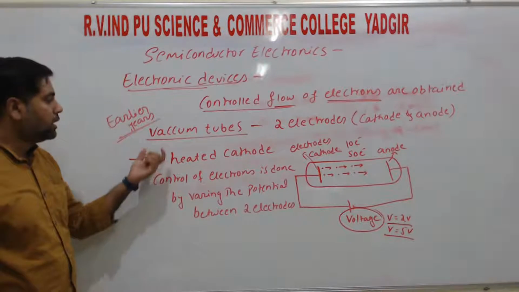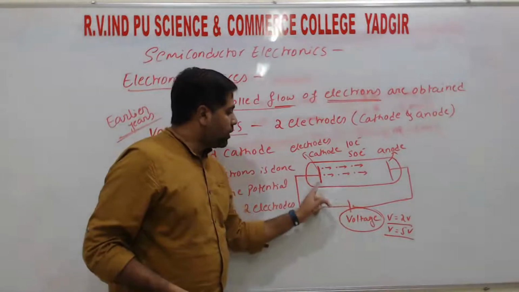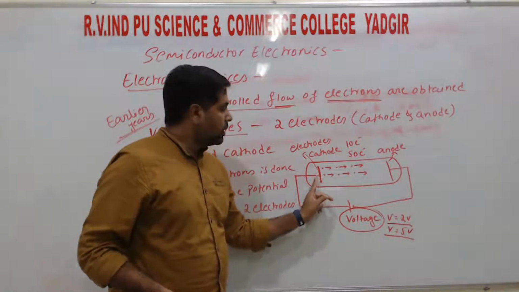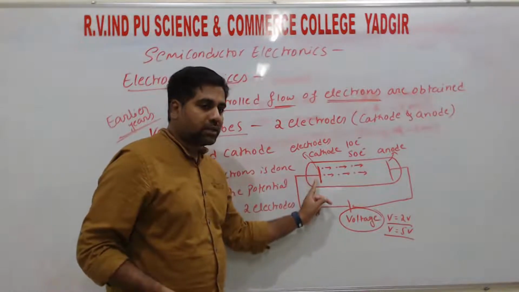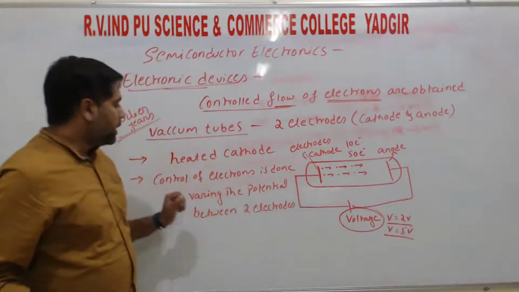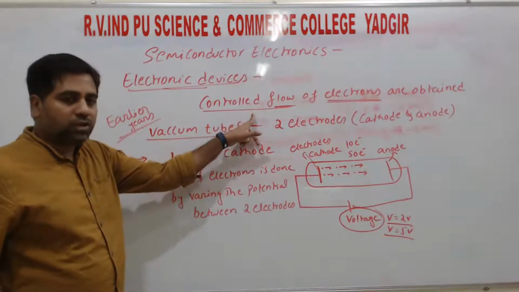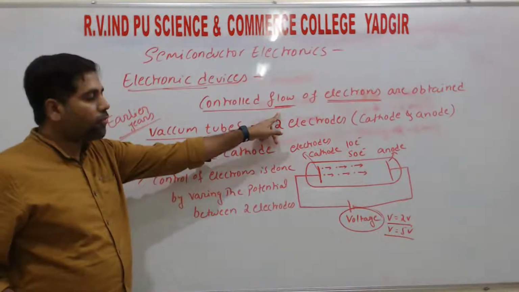So the first point is that in vacuum tubes the cathode is heated. If we apply the potential to this cathode, it gets heated, and after that the electrons are emitted. The second point is the control of the electrons. In the definition we say controlled flow of electrons.